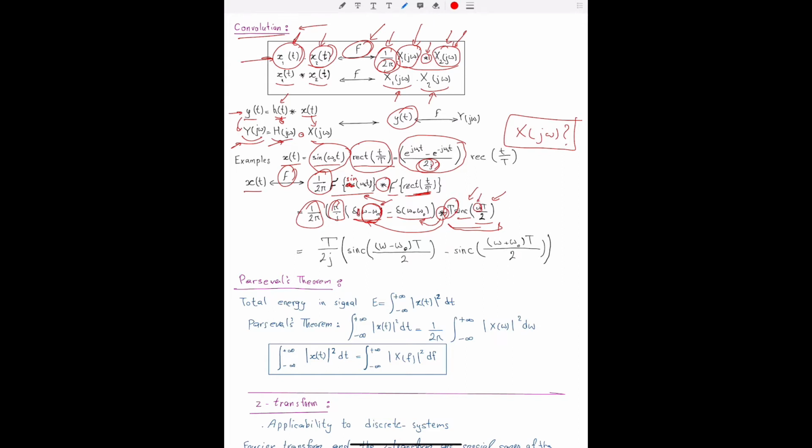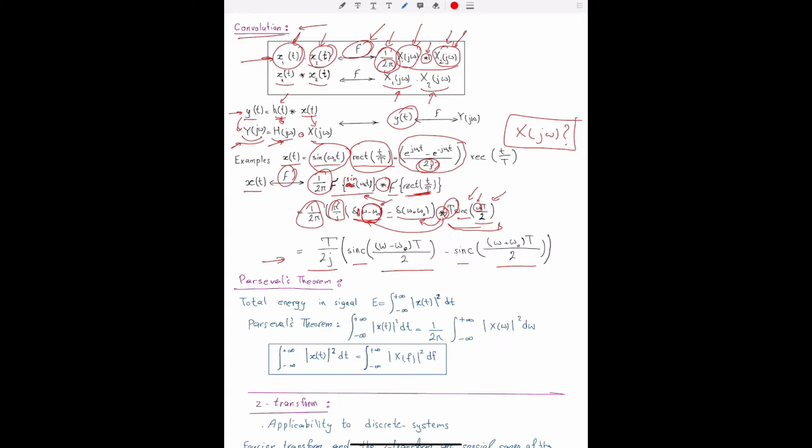So we covered this in the previous lectures when we were talking about how to convolute an impulse response with another function. And therefore the end answer for this would be capital T divided by 2j, sinc of (omega minus omega naught) T divided by 2, minus sinc of (omega plus omega naught) T divided by 2.